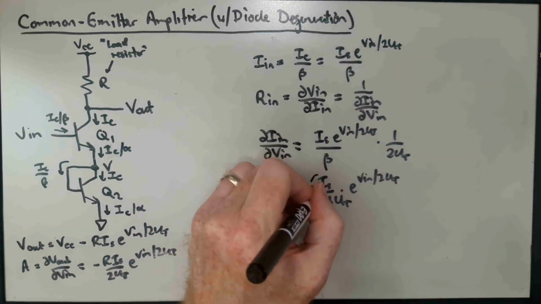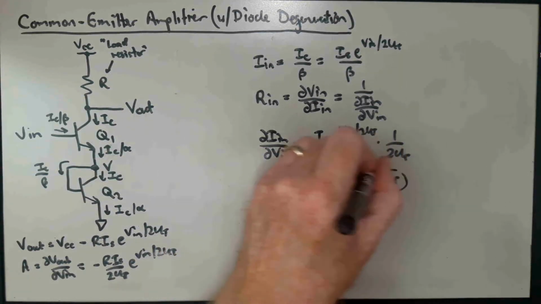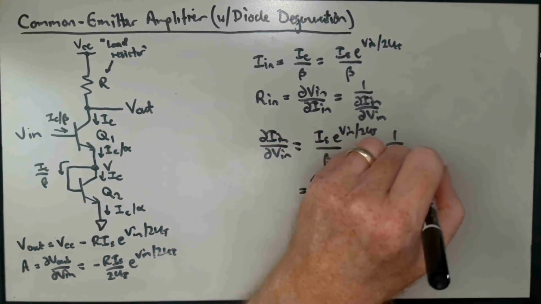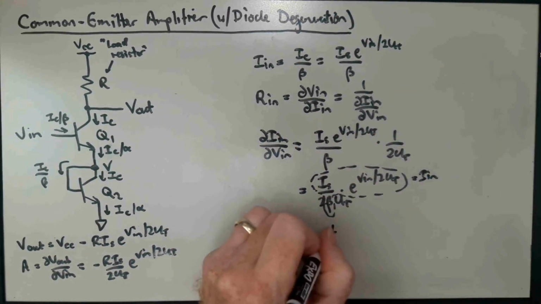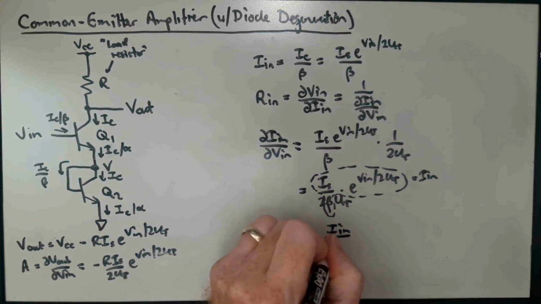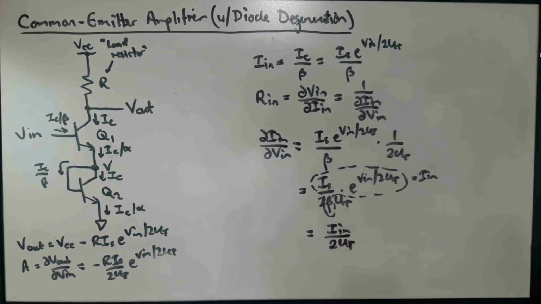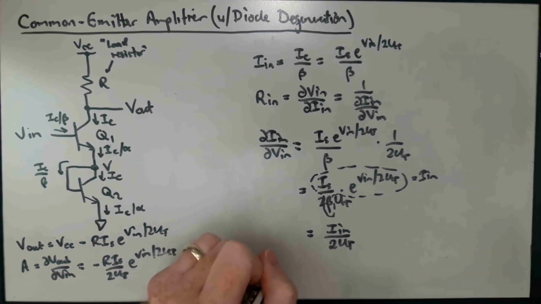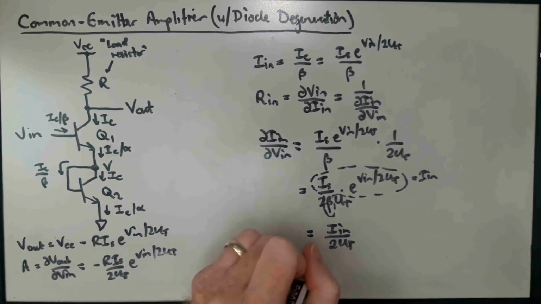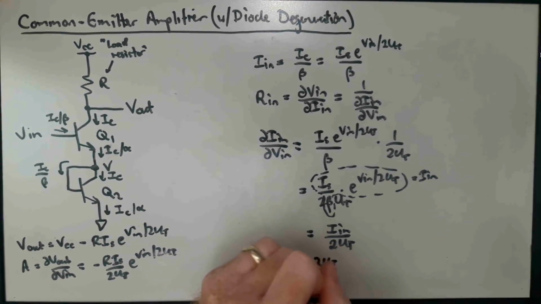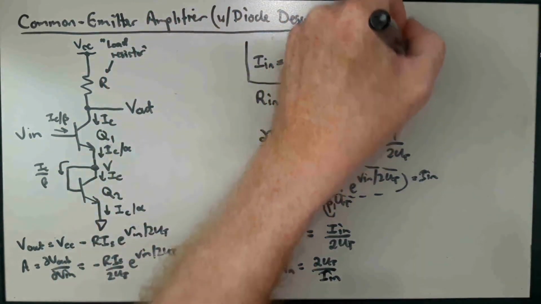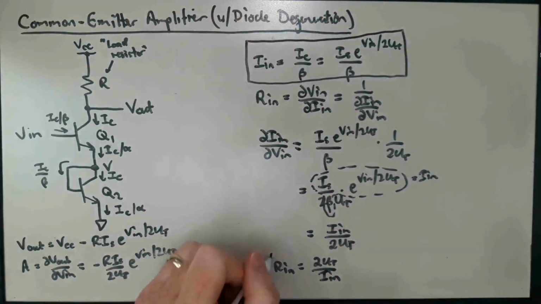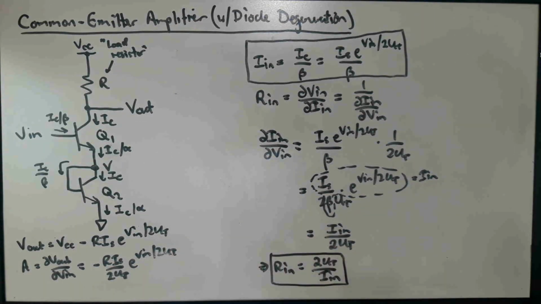So this part here is just In, and so this is equal to In over 2Ut. So Rn is equal to 2Ut over In. So this was In, and this is Rn. Okay, so that's all we're going to do for this segment.